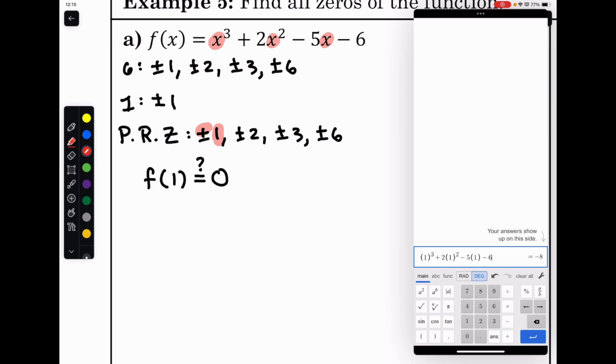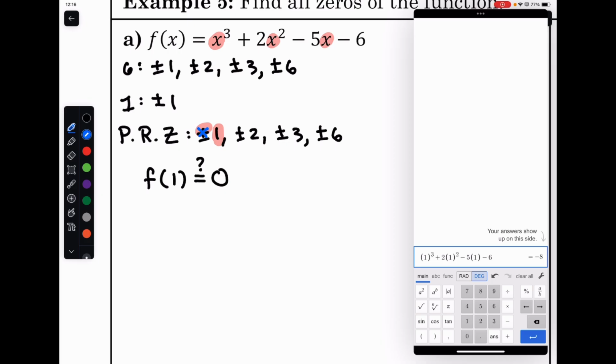When I plug in positive 1 into those x values, 1 to the third plus 2 times 1 to the second minus 5 times 1 minus 6, I do not get a value of 0, I get negative 8. So this gives me a remainder of negative 8, which means this value is not a zero, an x-intercept, of this function.